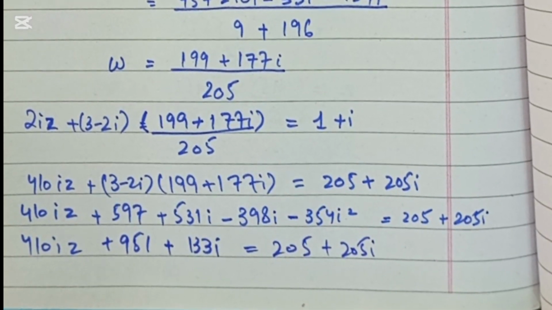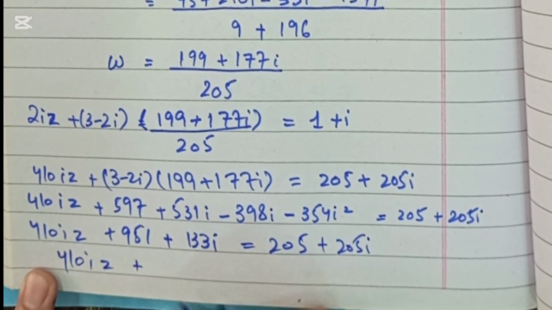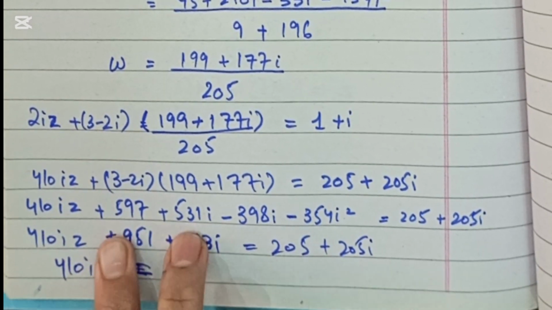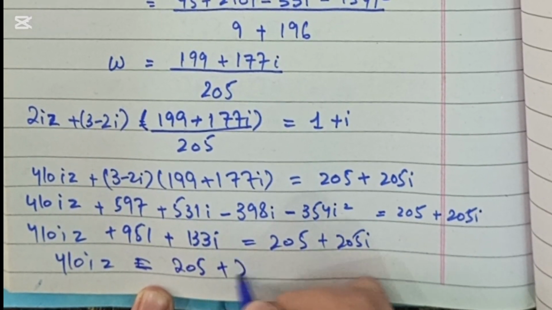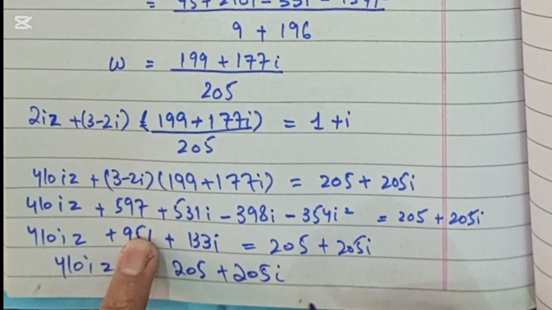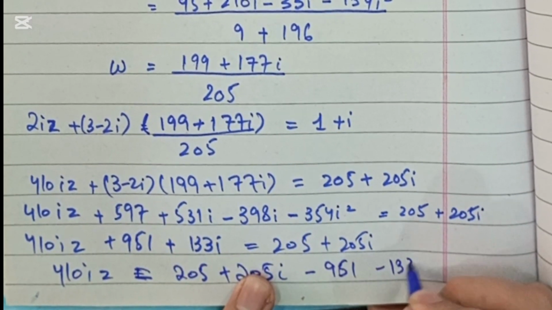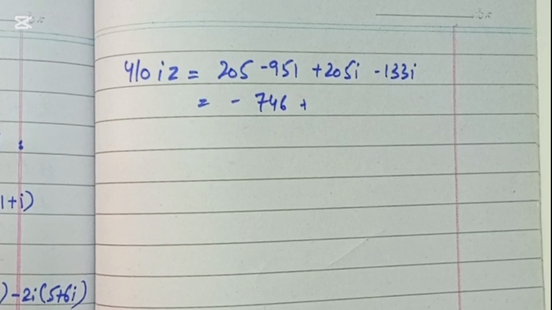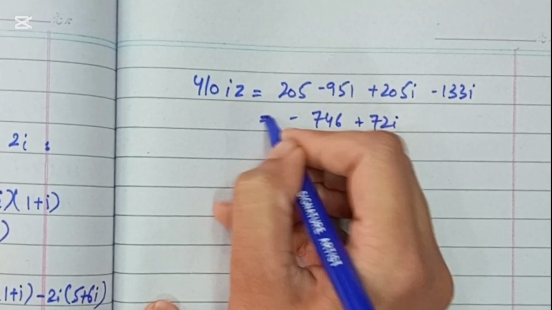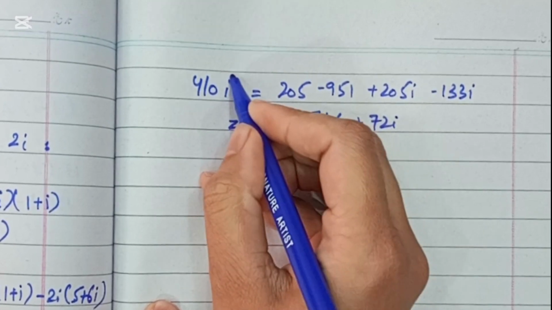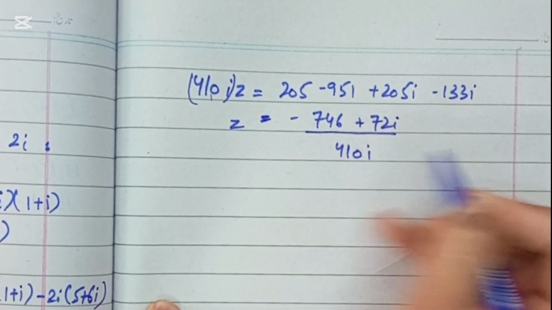Okay, so now what will we do? We will shift these two to the other side, and it will be turned into minus 951, and minus 135 minus 133 is 72 iota. Now that z is multiplying with this all, we will take it to the other side and it will be divided.